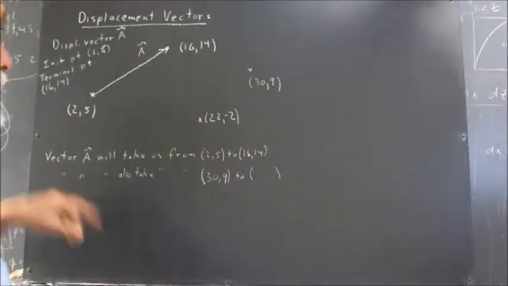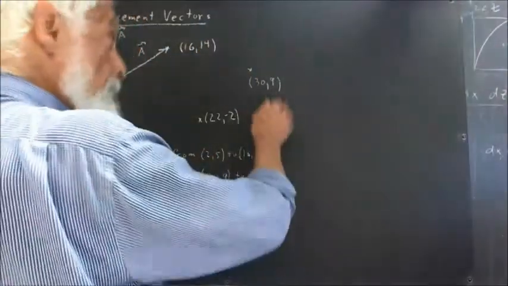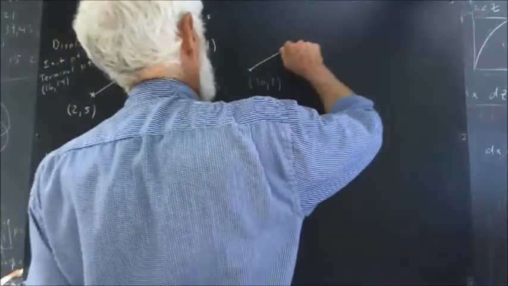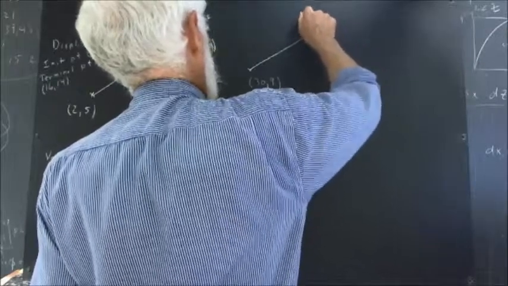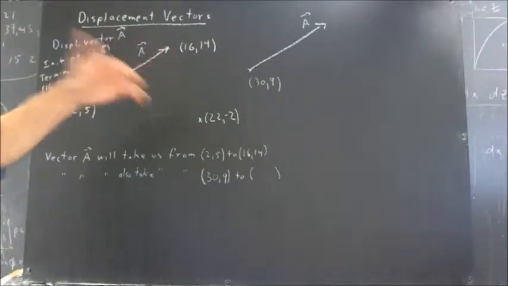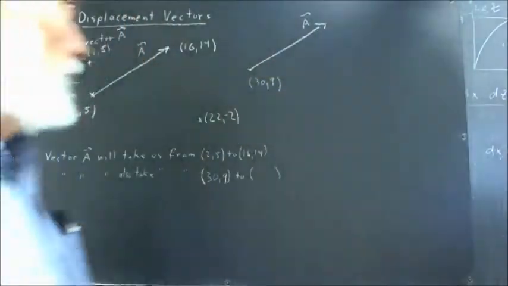The same vector A will take us from the point (30, 9) to some other point. So if I draw vector A, it's the same vector, it's got the same length and the same angle as measured, let's say, with the positive horizontal axis.